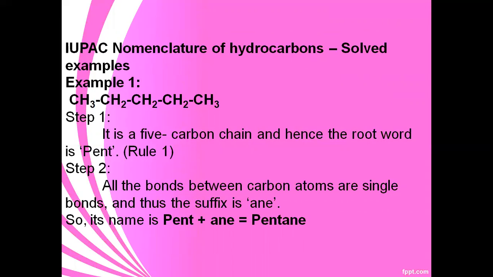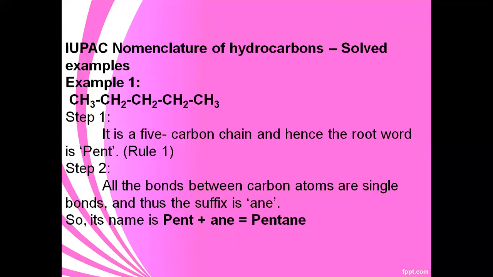So pentane, because 5 carbons are present. CH3 is 1 carbon, CH2 is 2, CH2 third, CH2 4, CH3 5. So the root word is pent, because 5 carbons are present.